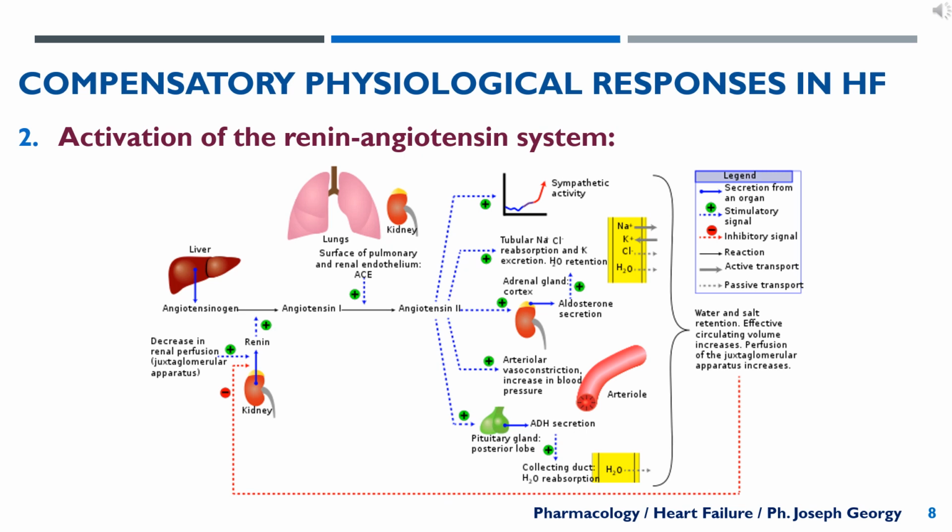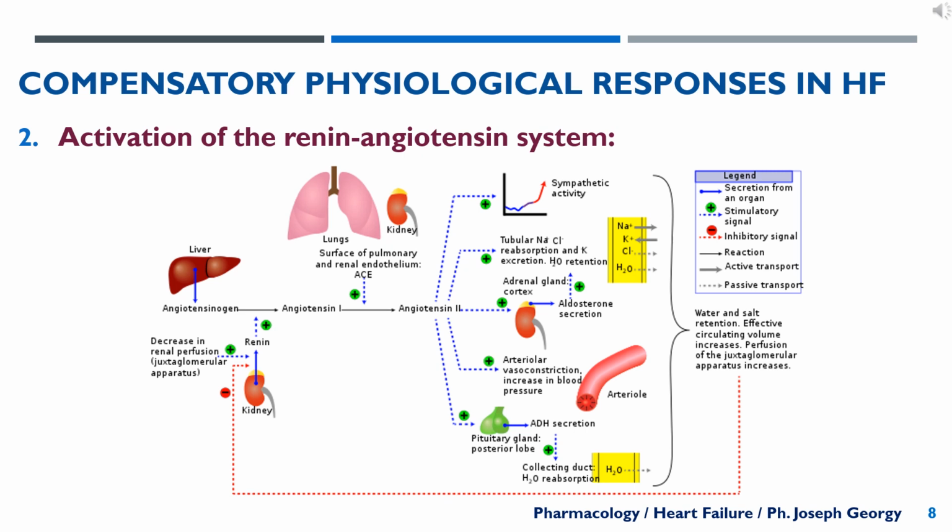The indirect ways are two. The first one is by acting on the adrenal gland, and specifically the cortex of the adrenal gland. We know that adrenal glands are on the top of each kidney in our bodies.